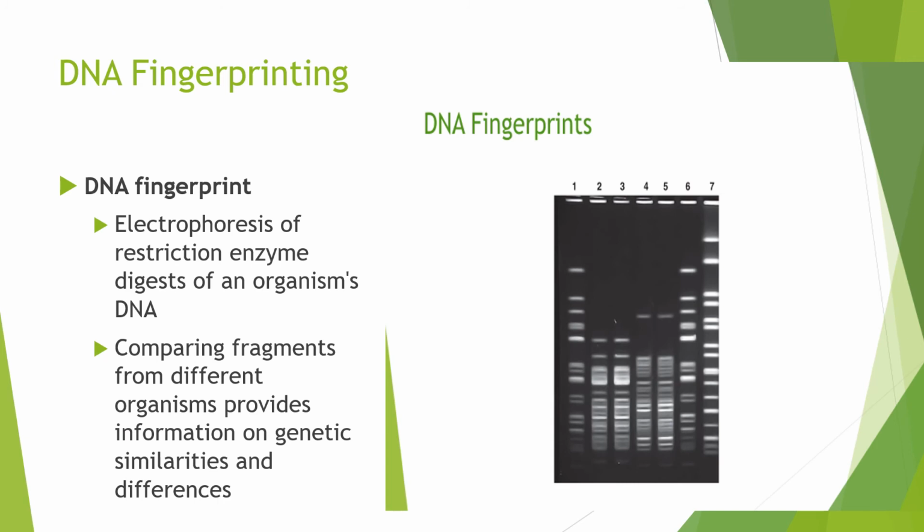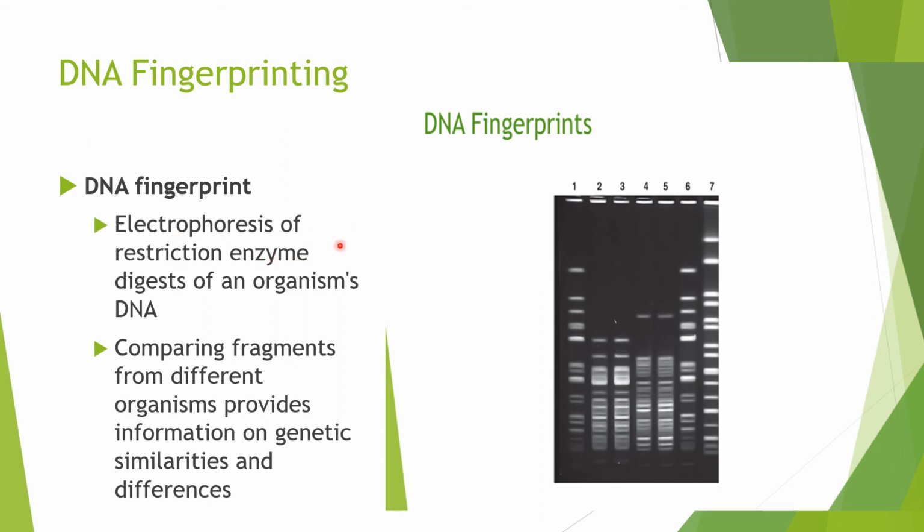We have a test known as DNA fingerprinting, and DNA fingerprinting is basically a way for us to figure out whether organisms are related by trying to figure out whether they have genetic similarities. One way we do it is we extract DNA out of 2 organisms, and then we break down the DNA using restriction enzymes.